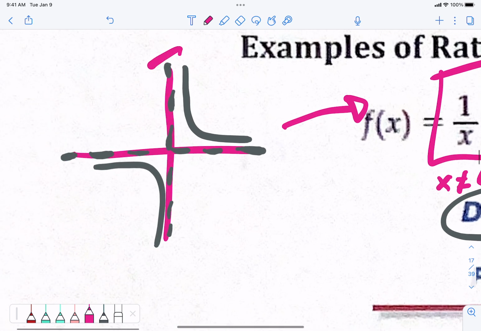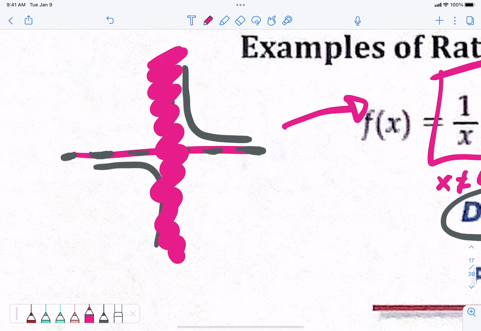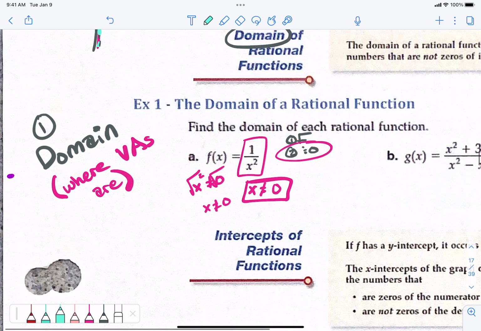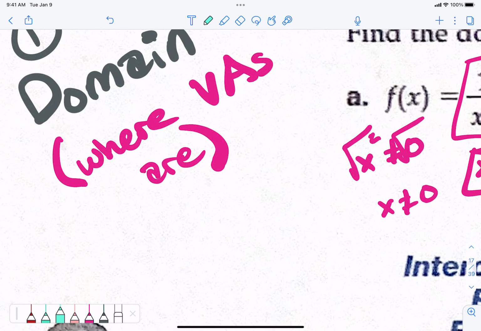Because what happens at 0? You can't divide by 0. But if the domain can't be 0, what's happening at 0? It's a vertical asymptote. So where the domain breaks down, where x can't be, is where the VAs are. There's a vertical asymptote there. That's why the graph isn't touching, and that's why x can't be there, because there's a VA there.